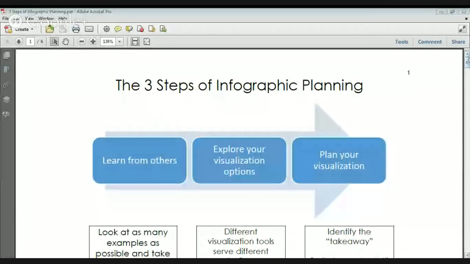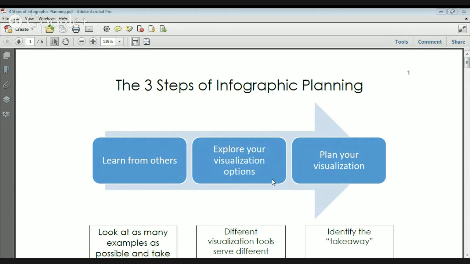Now we're going to take a look at different ways that you can use infographics in your classroom. Here are some ideas. To begin with, we have 3 steps of infographic planning. Learn from others. So if you've never seen an infographic before, take a look around the internet and find examples of infographics, see what works and what doesn't work, and try to make some infographics yourself. Explore your visualization options.